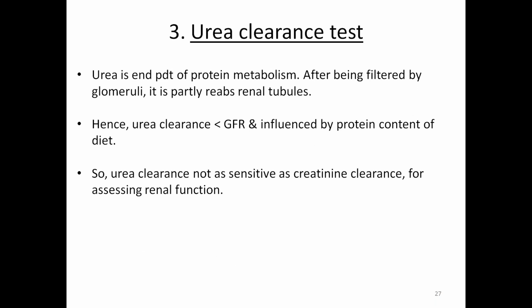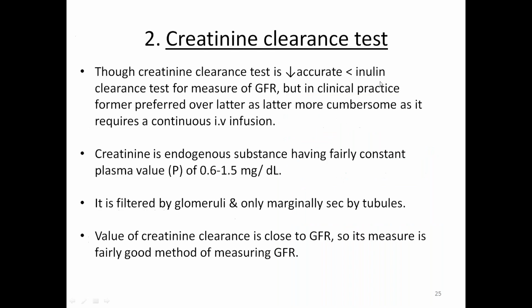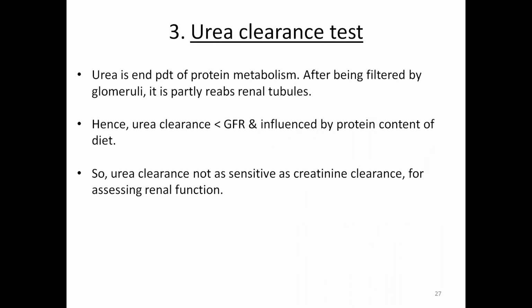Then thirdly, you have the urea clearance test. So as you saw here, urea is reabsorbed and not secreted much. It's basically reabsorbed. So in case of urea clearance, it is less than GFR and influenced by the protein content of the diet.